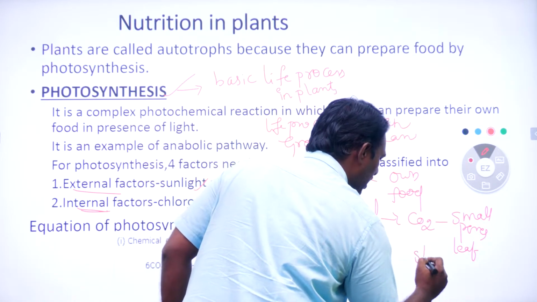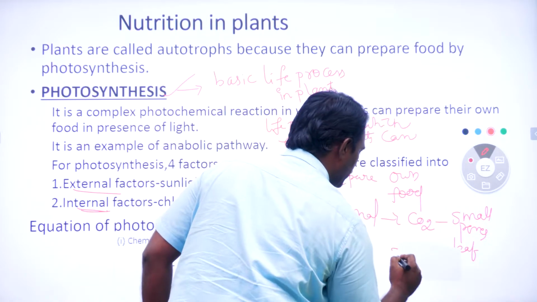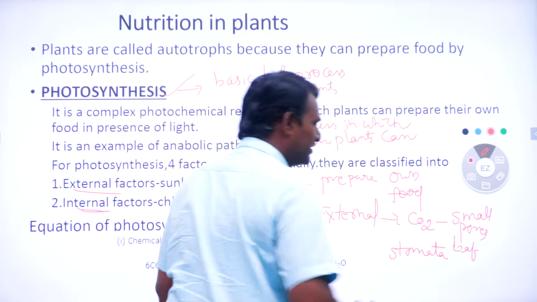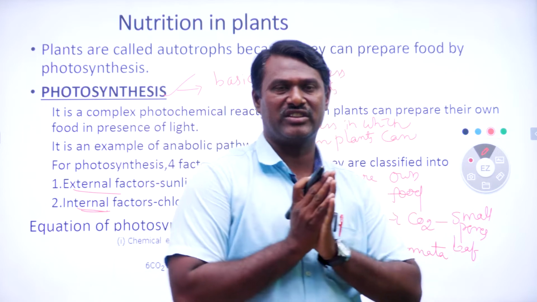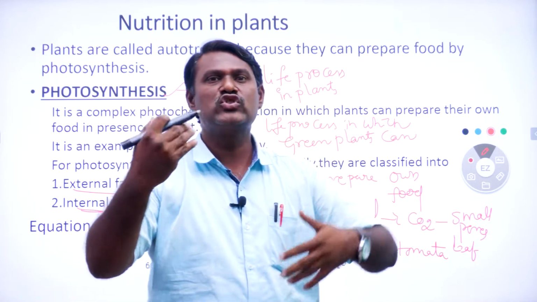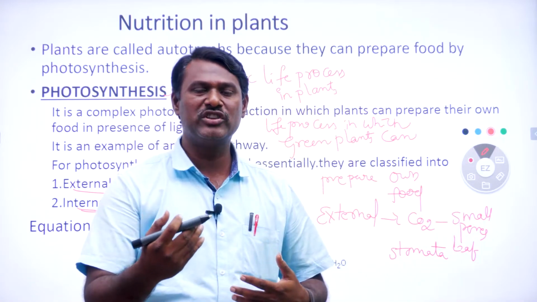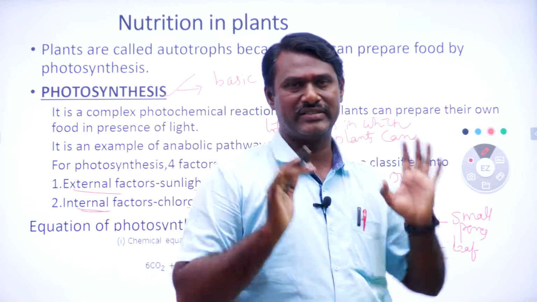These small pores are very important, and they are called stomata. Through the stomata the carbon dioxide is taken in, which is utilized by plants for the process called photosynthesis.